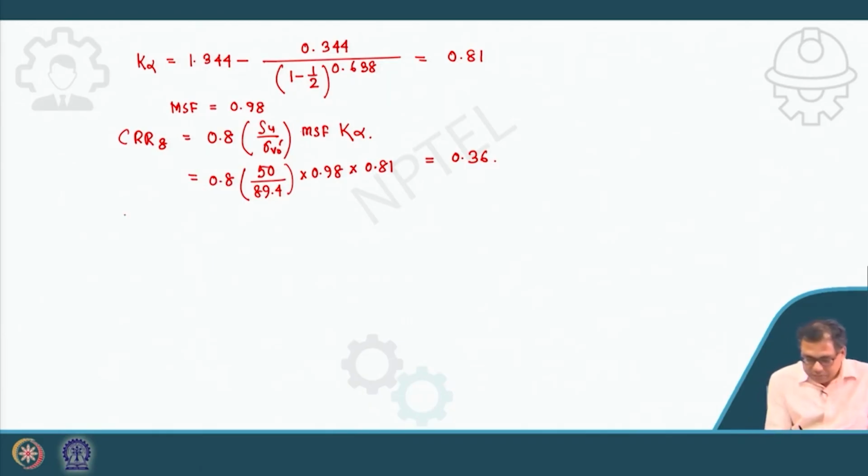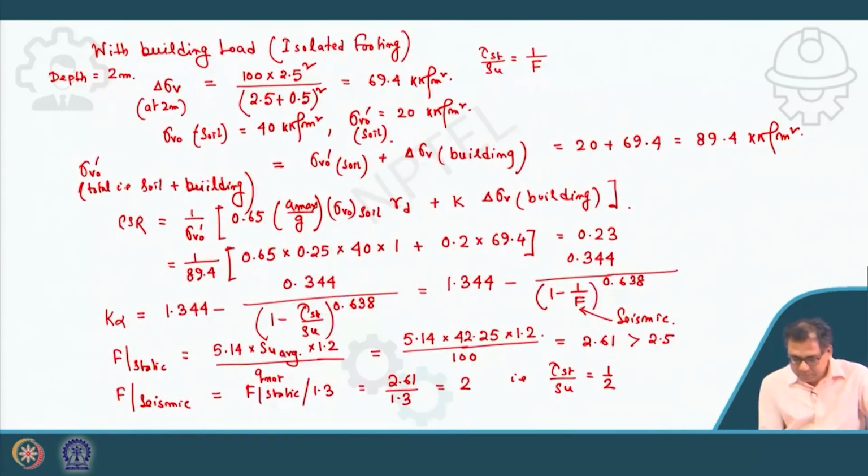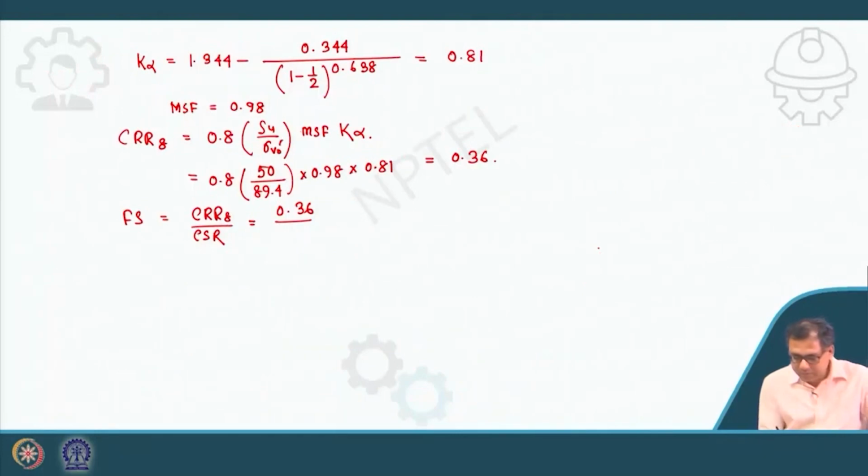Okay, so the factor of safety, that will be CRR 8 divided by CSR. So this is equal to 0.36 divided by 0.23. So it is 1.56.